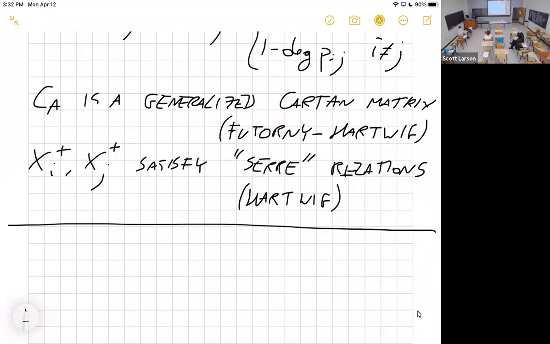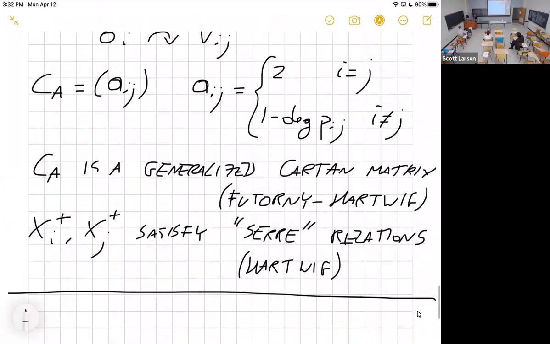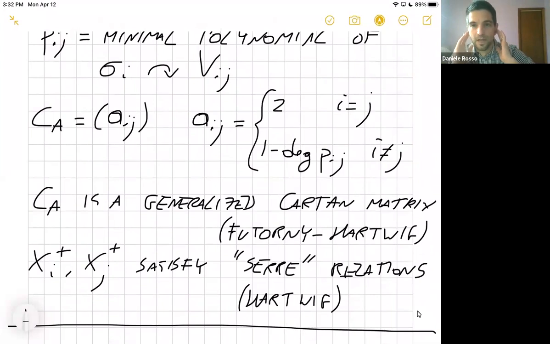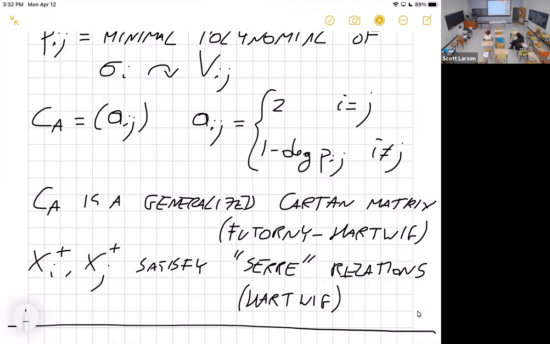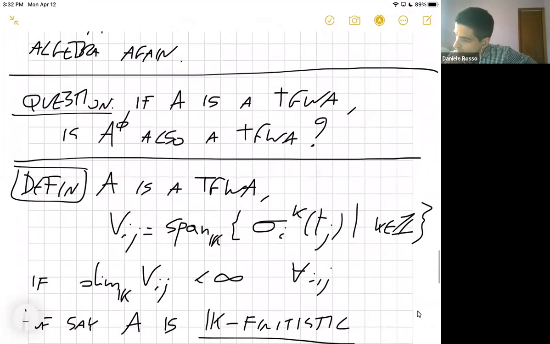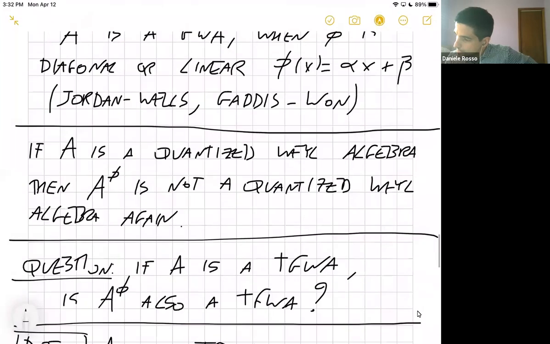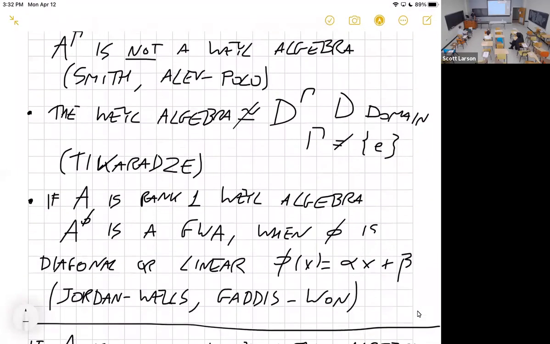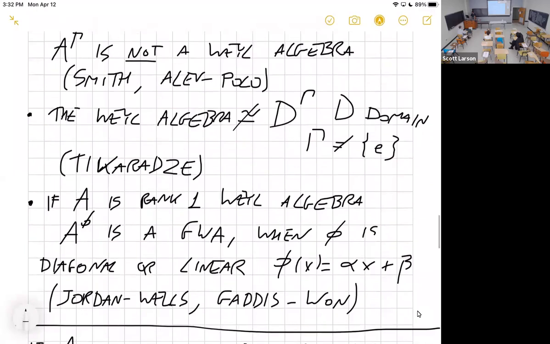There's a question? Yeah, so what if your cyclic group is like Z mod 2? Can you say anything about what's going on? Sorry, you have to speak a little louder, I can't hear you very well. Yeah, what if your cyclic group is like Z mod 2? Can you say anything more about what's going on? Oh yeah, okay.